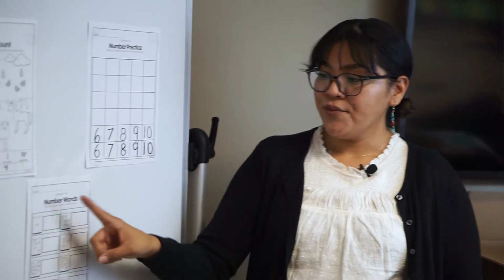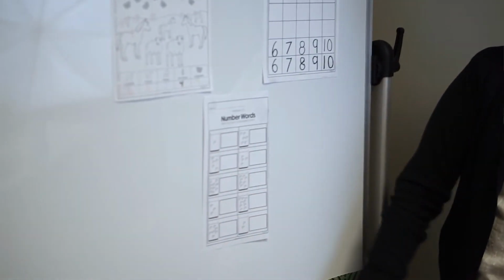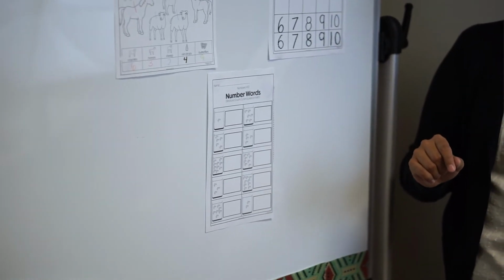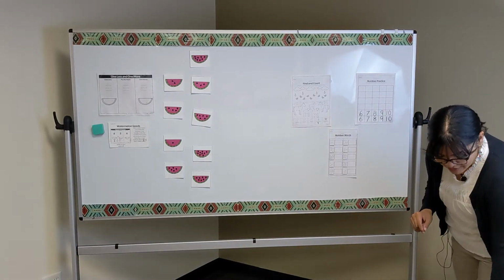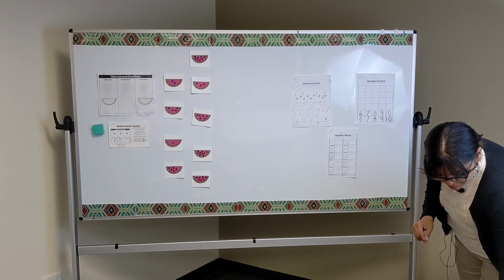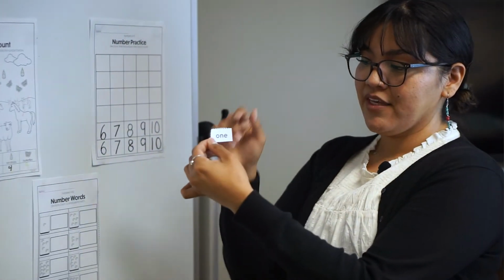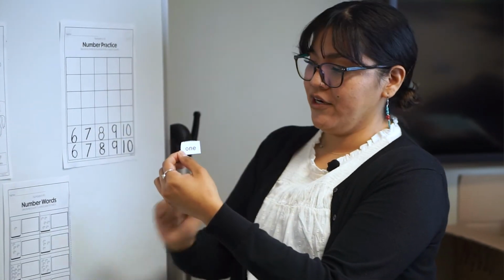Okay, so if you look at the worksheet, you see some fish. I guess we're going to be counting some fish, and we're going to be putting the number word. I'm going to pick the number word 1. This is the number word 1.